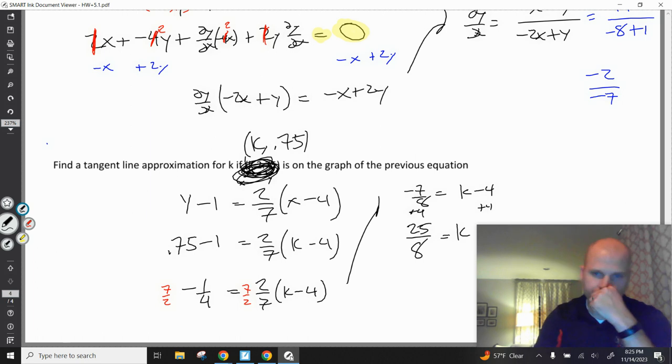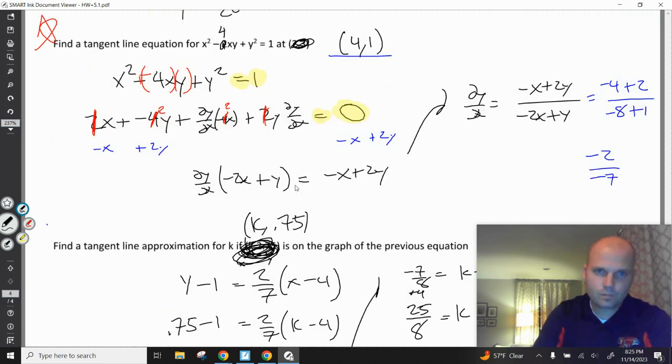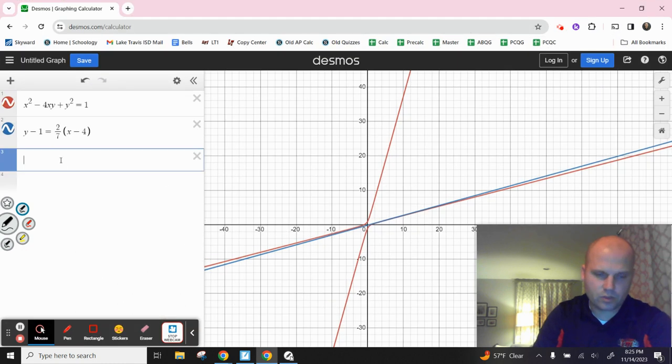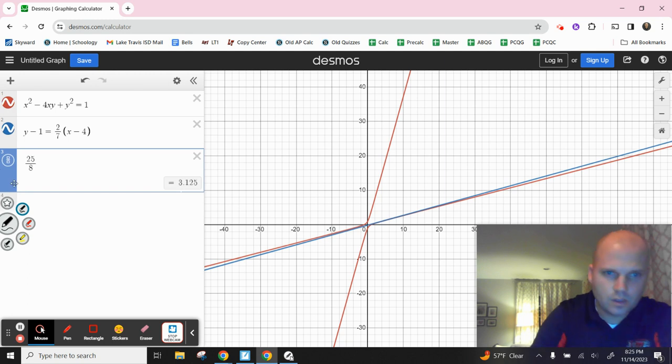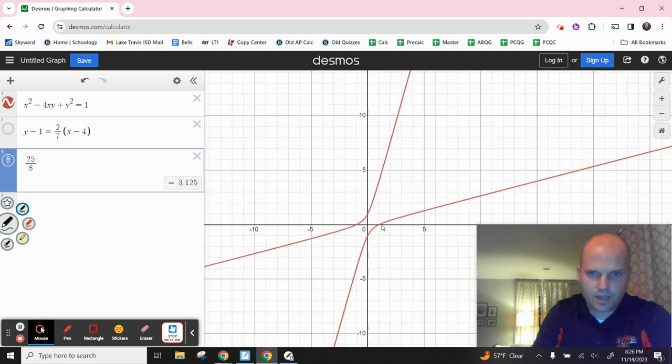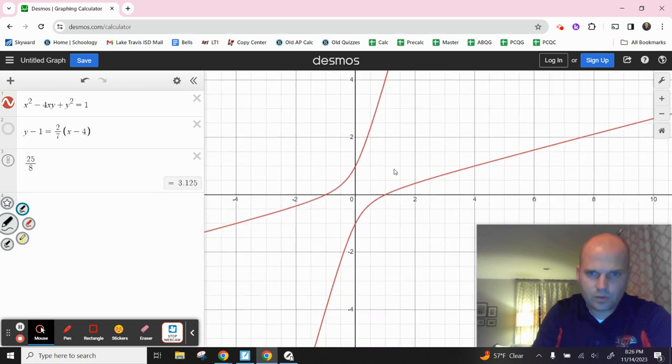Let's see. When the y coordinate is 0.75, the x coordinate is close to 25/8. That's 25/8 when the y coordinate is 0.75. This is one of those things where it's like, which y coordinate are you talking about?